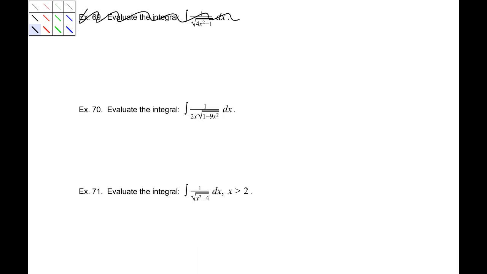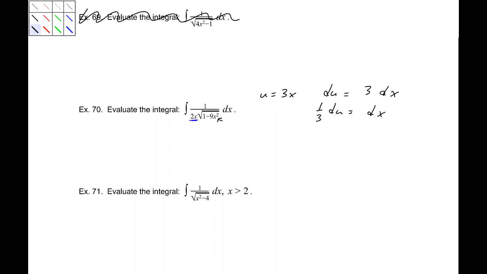Well, the thing that's being squared right here is a 3x. So let's say u equals 3x, which makes du 3 dx, or 1/3 du equals dx. Now we have a small problem. We have this 2x hanging out here.